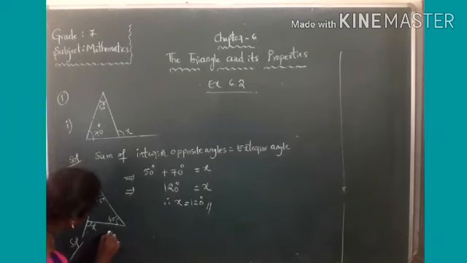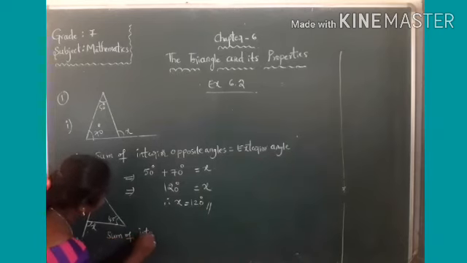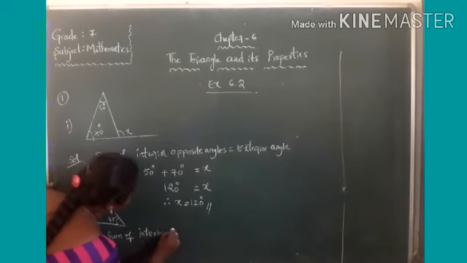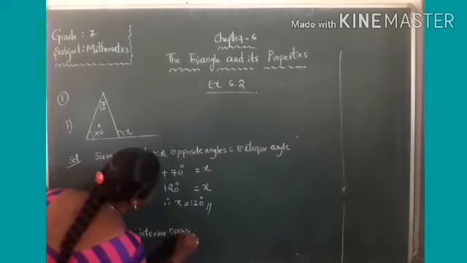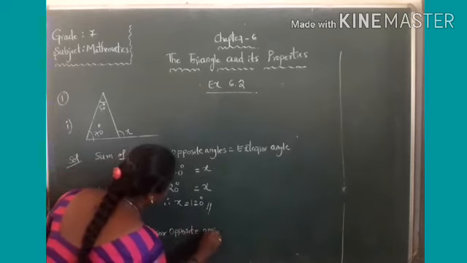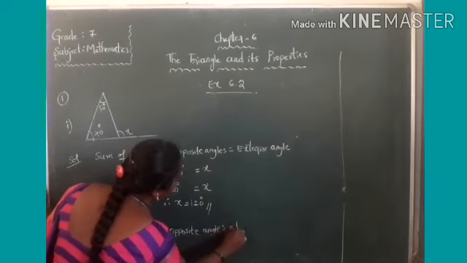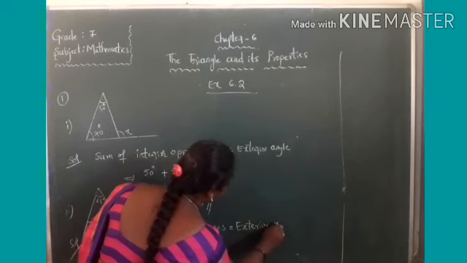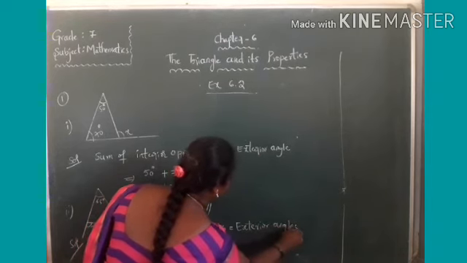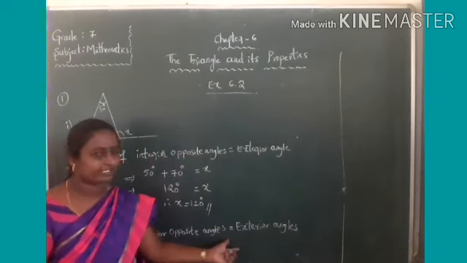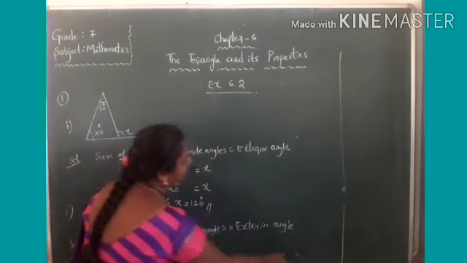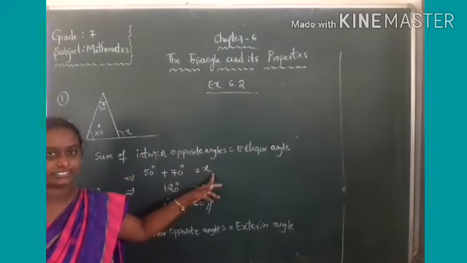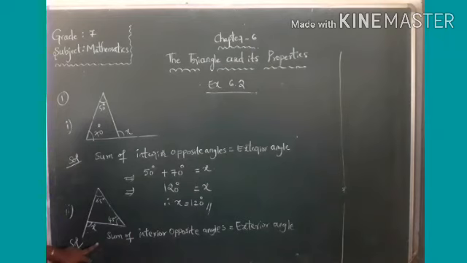Okay, so write here: sum of interior opposite angles is equal to exterior angle. We may also write: exterior angle is equal to the sum of interior opposite angles. Right.